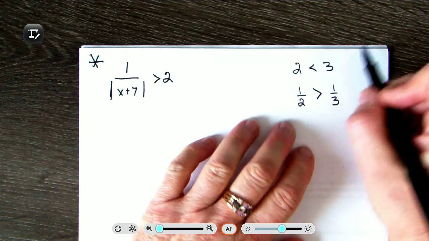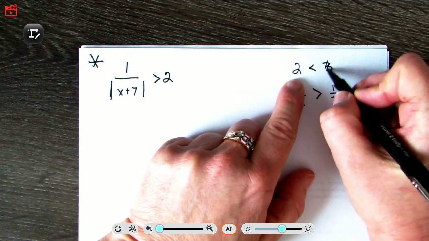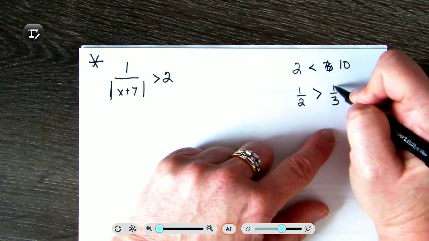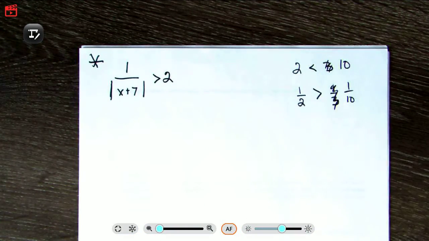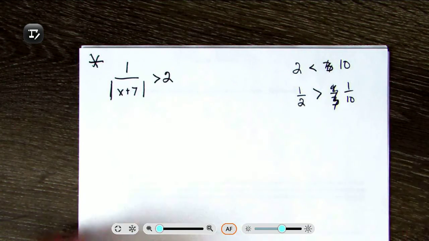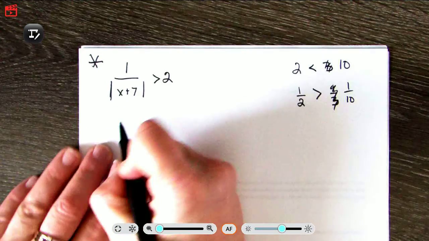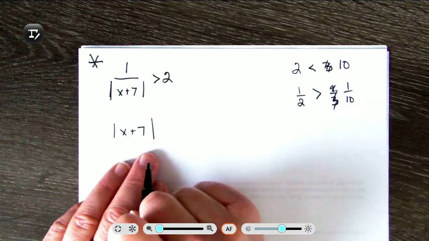If you think 1/2 and 1/3 are too close to each other, maybe try a different pair. 2 and 10. 2 is a lot smaller than 10. And this would be 1/10. 1/10 is a lot smaller than 1/2. So I'm going to take reciprocals of both sides. Taking the reciprocal here gives me x plus 7 in absolute value.